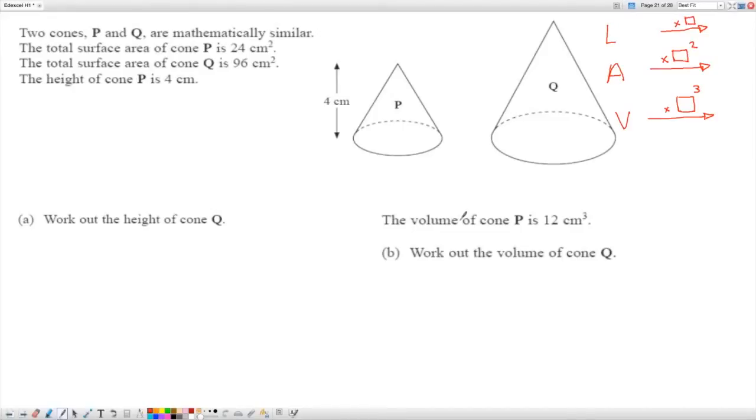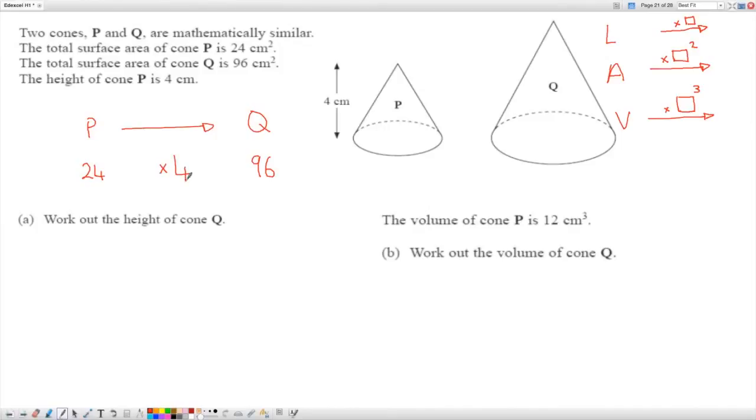So let's take a look at the first question. We're asked to work out the height of cone Q. We have our value here of 4. We need to find the value of Q. We do know the surface area, P to Q. Surface area here is 24 and here is 96. So from here to here, we times by 4.